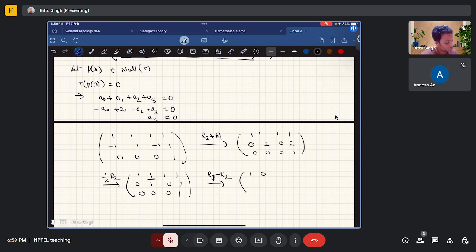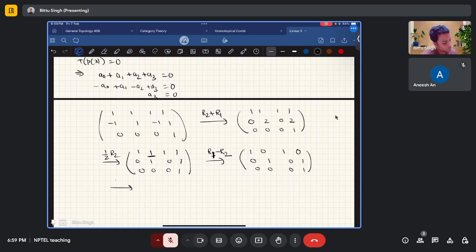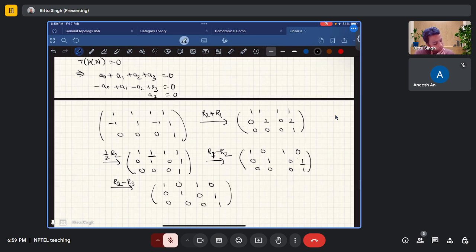So it is 1 0 1 0, 0 1 0 1, 0 0 0 1. Now R2 minus R3, because there is a 1 above. So 0 1 0 0, and R3 stays 0 0 0 1. From here we can see this is the row reduced echelon form.